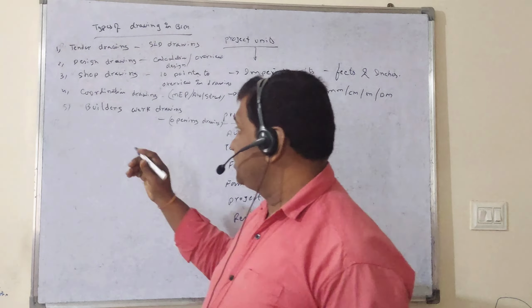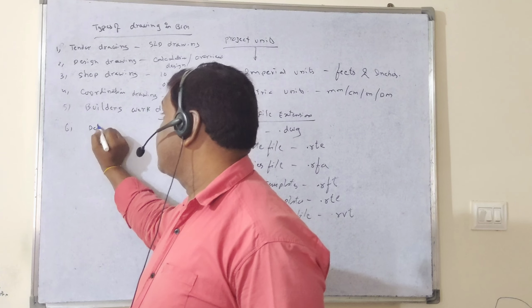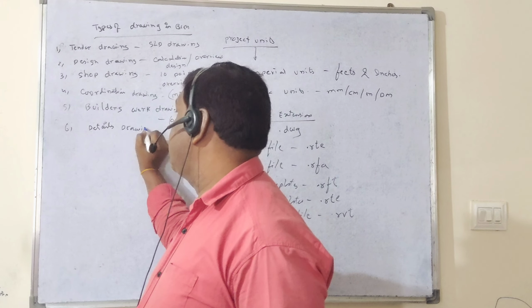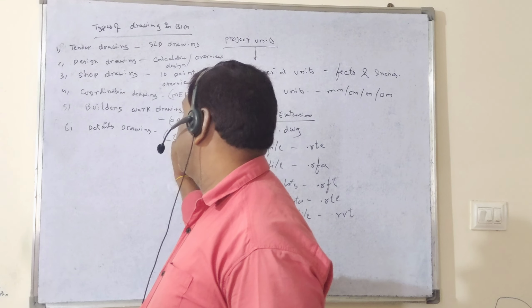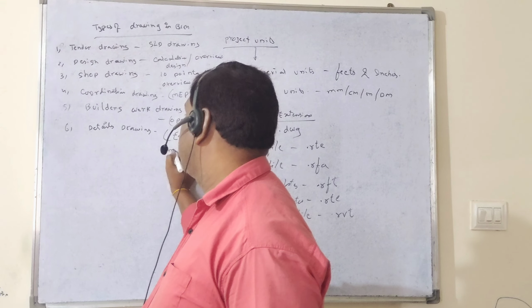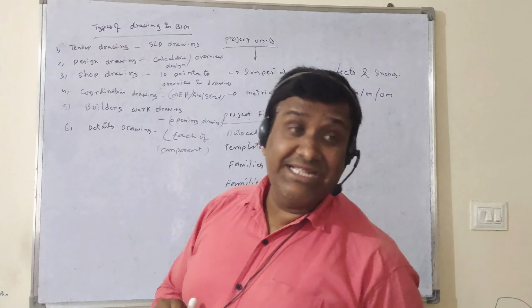Okay. So after completion of this builder's work drawing, then you have to go to detailed drawings. Detailed drawing is also very important here, because for each component or each room, you have to give the detailed drawing.